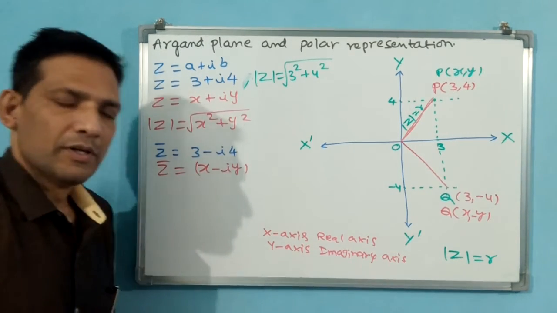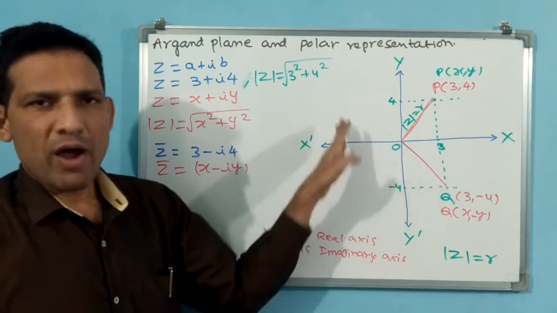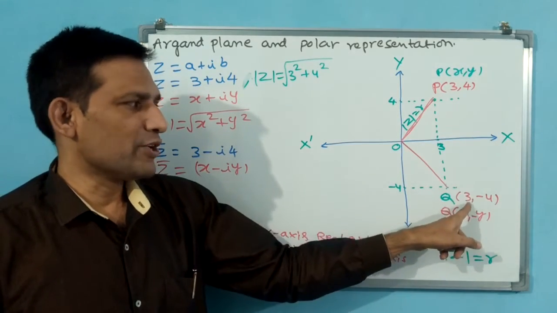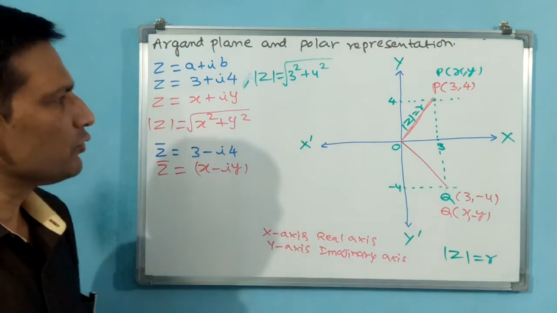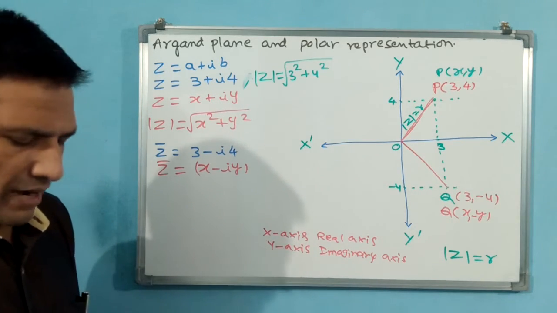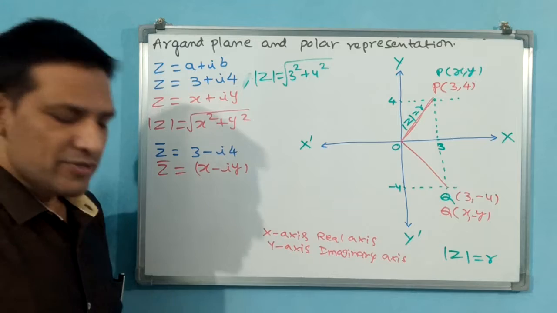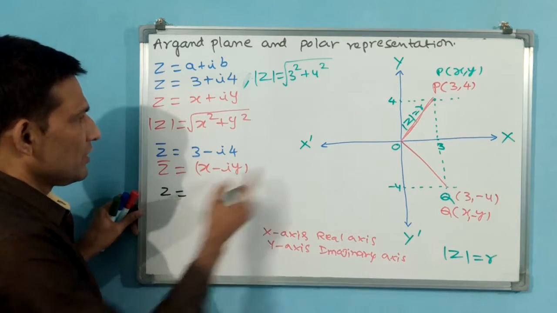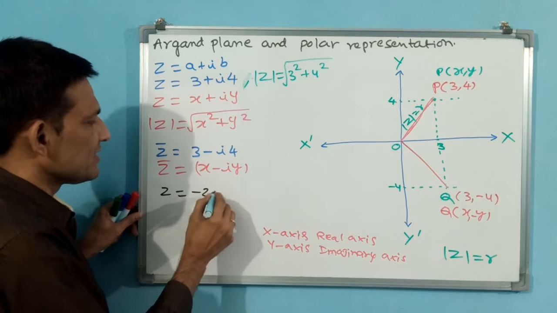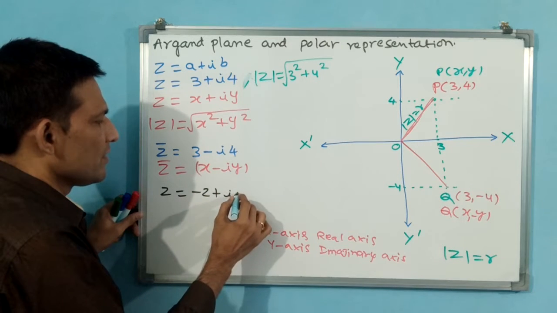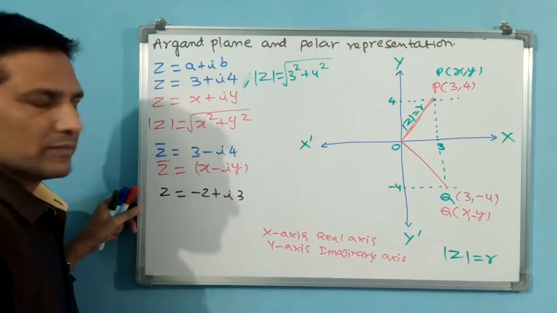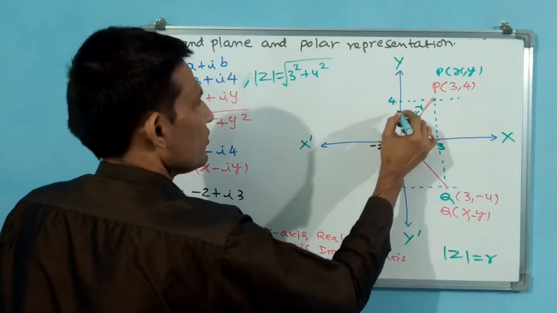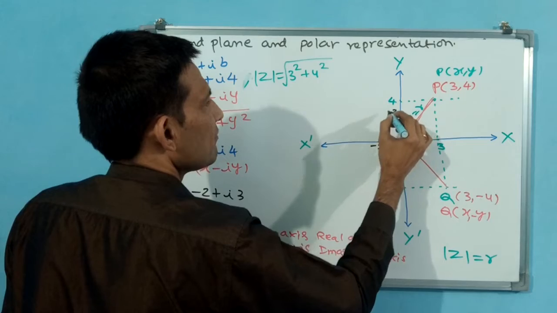We can represent any point. These are points P, 3, 4, and point Q, 3, minus 4. Point R also you can take here. I will take one number, say z is equal to minus 2 plus i3. Minus 2 will be here, 3 will be here.